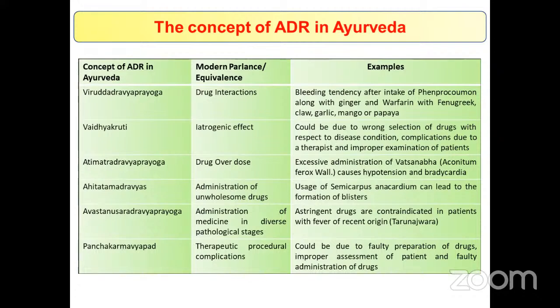At the same time, they are taking ginger or maybe garlic or mango or papaya. It was found that they produce bleeding tendency. That is the herb-drug interaction. So you should keep in mind that when you are taking warfarin sodium, you should not take such types of Ayurvedic preparations or herbs.